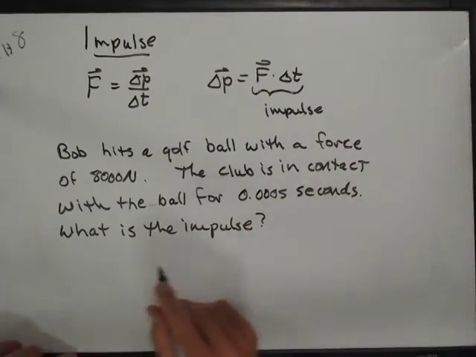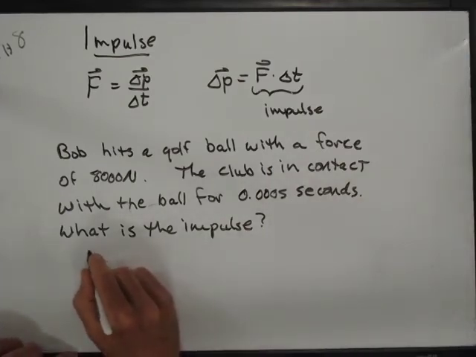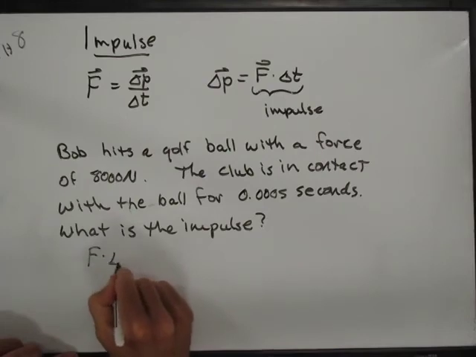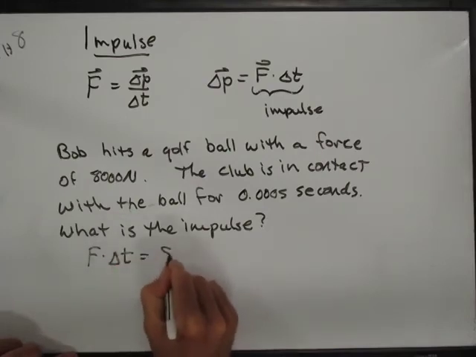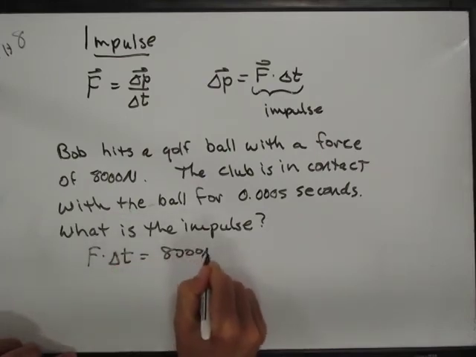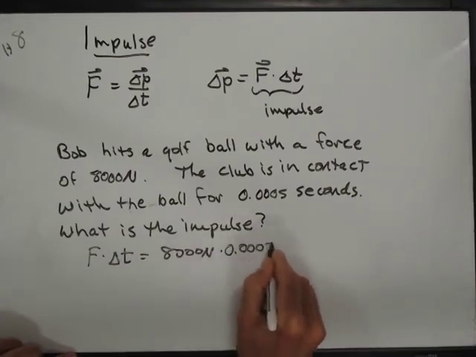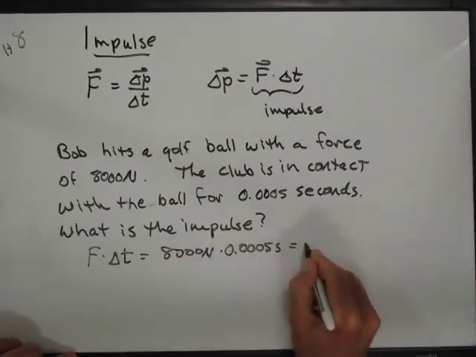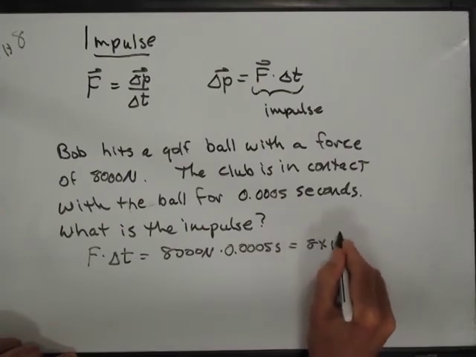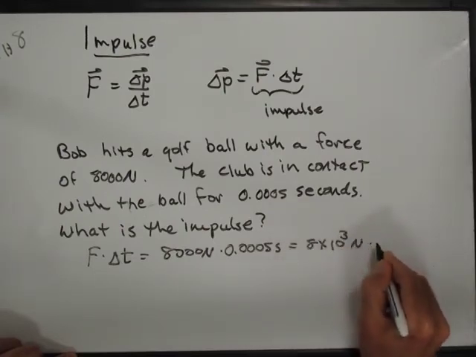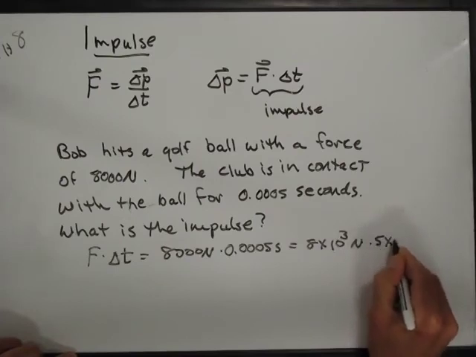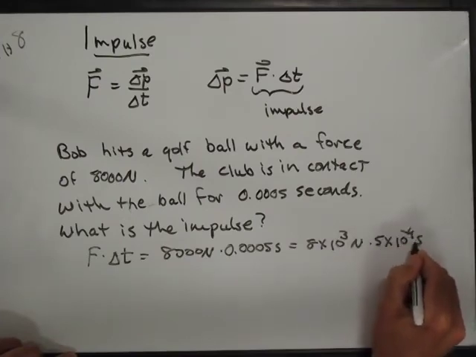What's the impulse? And so the impulse is just the force times the change in time, which is 8,000 newtons times 0.0005 seconds, or 8 times 10 to the third newtons times 5 times 10 to the minus 4 seconds.